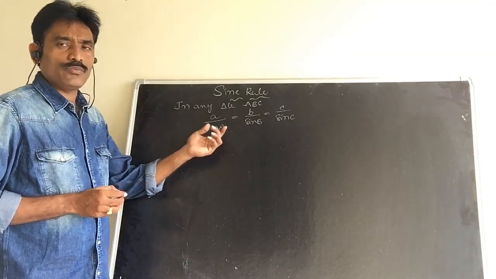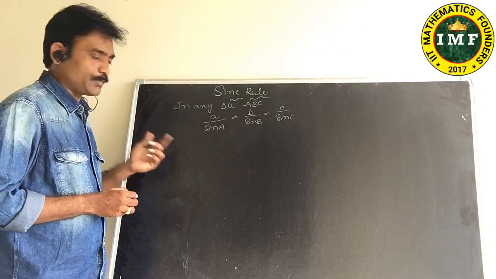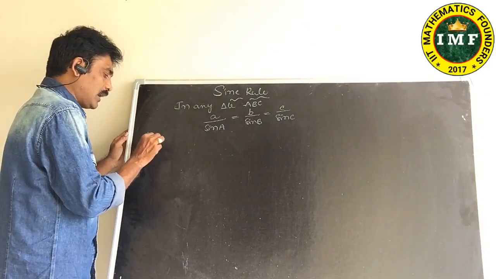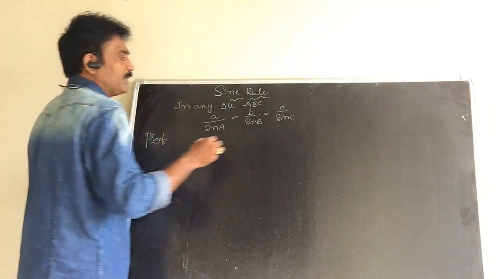Now we are going to discuss its proof. For that, I am taking a triangle ABC.